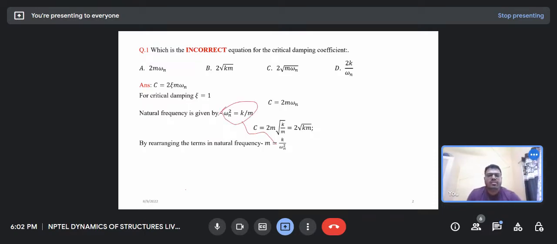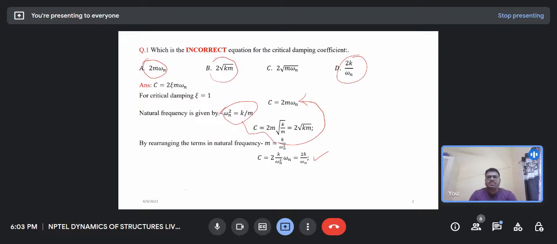If we put this in place of m, then m becomes k by omega n square, so c is equal to 2k by omega n. So these three options are all correct, except C. We can't represent our answer in terms of c.